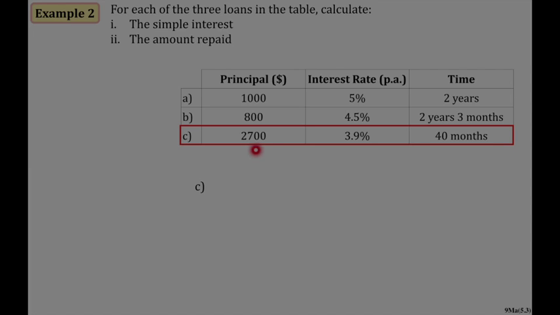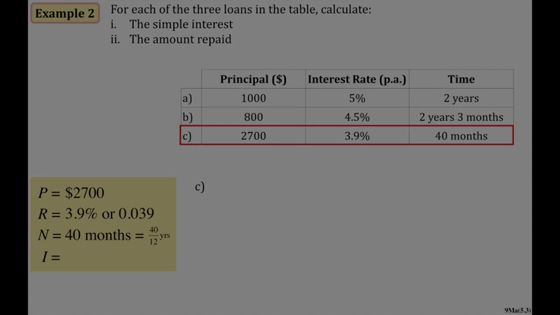The principal, $2,700, the interest rate, 3.9% per annum, and the time is in months. I need to change it to years because the interest rate is per annum, it's in years. So, principal, $2,700, interest rate, 3.9%. How would you write 40 months? Well, you could try and figure out how many years it is, but you could just write 40 over 12 if you like.